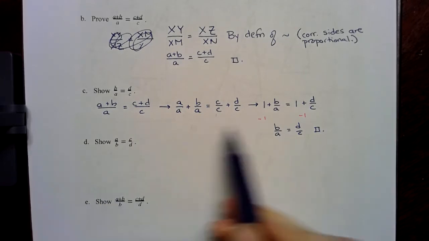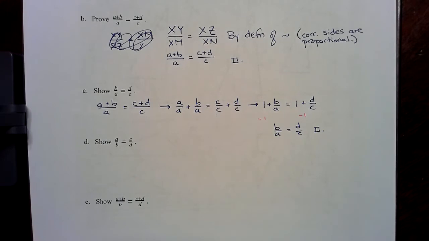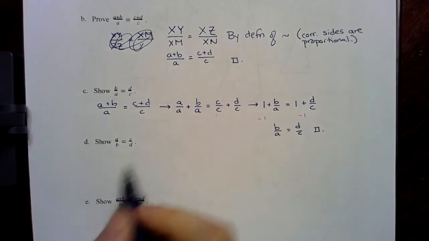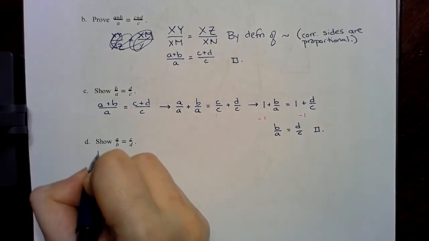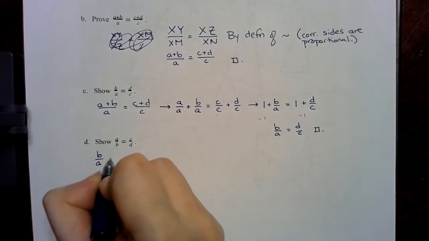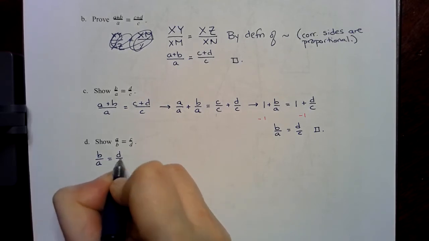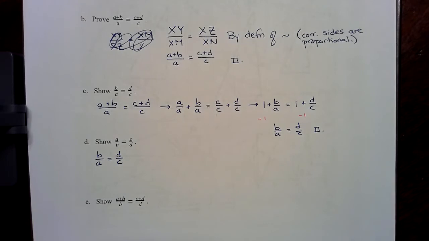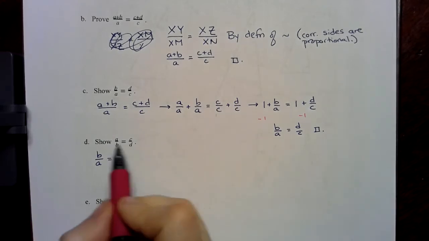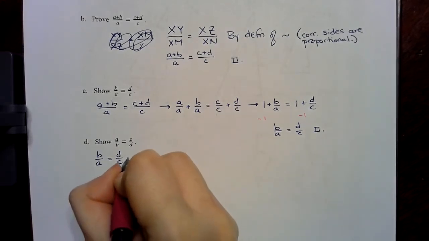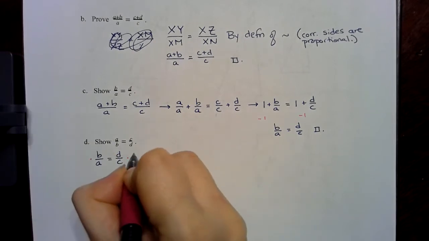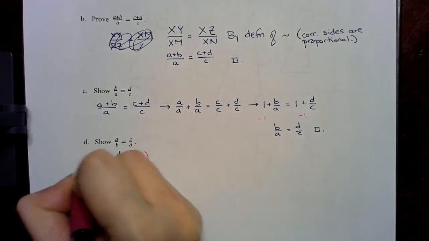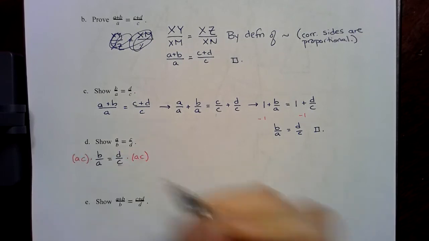Now these are just reciprocals of each other, so let's start here and see if I can rearrange. I know that B over A equals D over C, but I really wanted the A and the C on top, so I'm going to multiply by them.